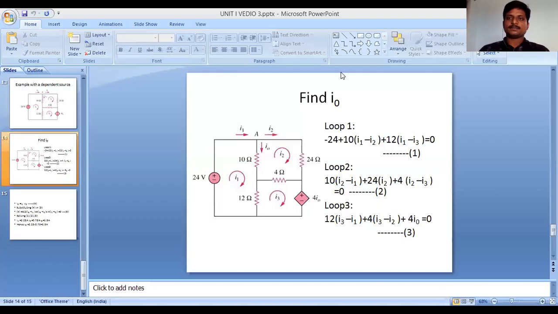Now look into the equation to be written. Okay. So that is, let me share the screen so that you can see. Yeah, here it is.